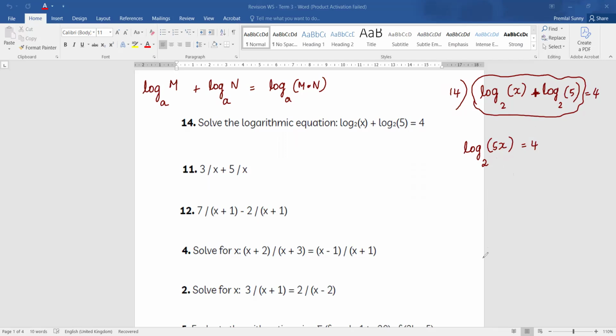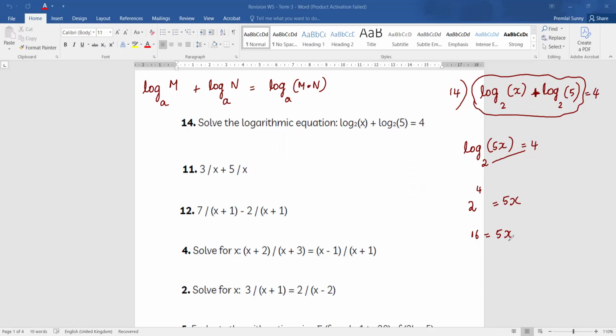You will get 5x. Now again the same method where you convert logarithm to exponential. Logarithm to exponential is the cross method. 2 is getting connected to 4. So 2 to the power of 4 is equal to 5x. Now 2 to the power of 4, if you put it in your calculator, you'll see it is 16. 16 is equal to 5x.